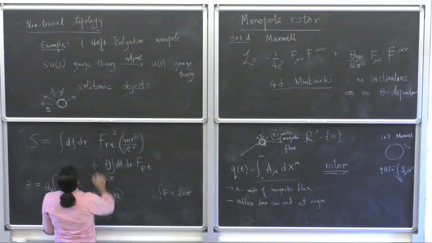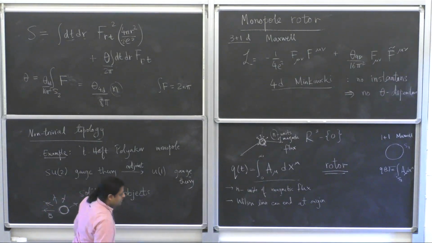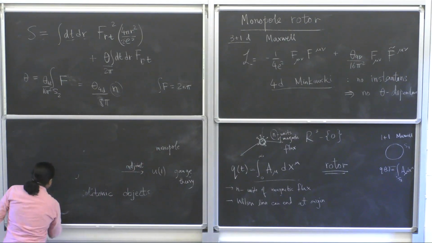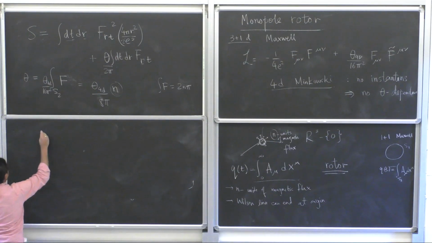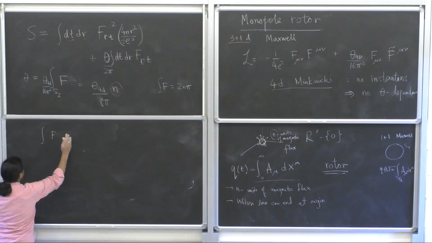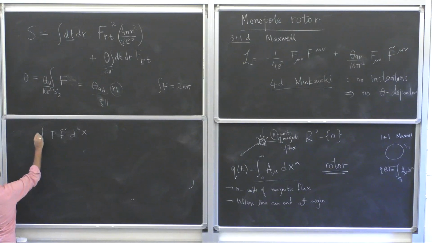Let me say it one more time. In differential form notation, what we had was F wedge F, let's just say F F tilde d^4x times theta 4D. This was our 4D theory.